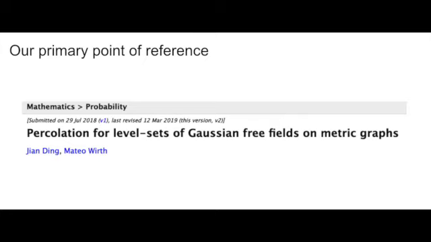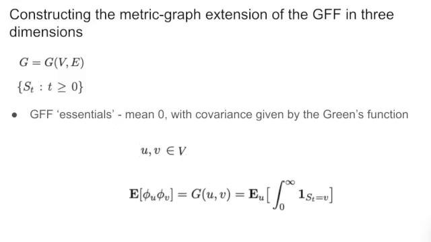So this is the first item that we're going to begin with, namely constructing the metric graph extension of the Gaussian free field in 3 dimensions. The first things that we need are some underlying graph, G, which is dependent upon some vertex and edge sets.